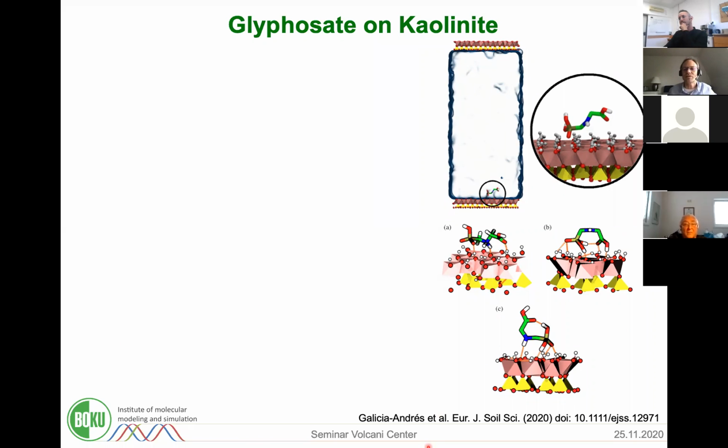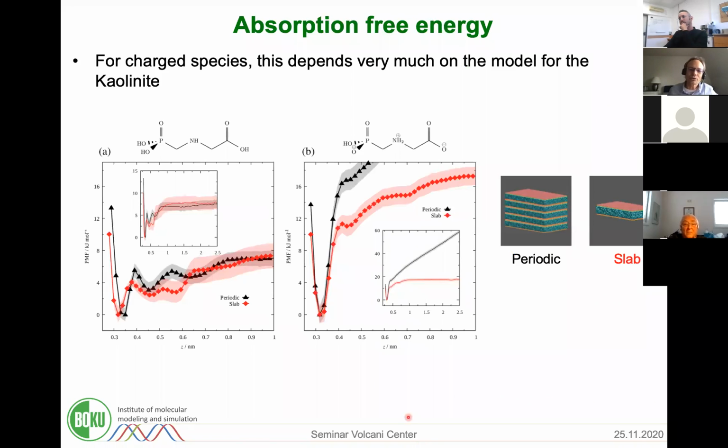What we can also do is calculate the potential of mean force. We can calculate the interaction energy of this glyphosate onto the mineral surface. So we get here, as a function of the distance from the surface, the free energy of absorbing a glyphosate molecule. We have a minimum energy. This is the position that it likes to bind to. And if you pull it away, the free energy goes up. And then we have two distinct cases.